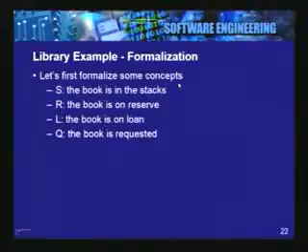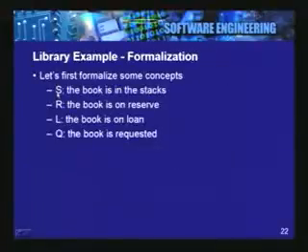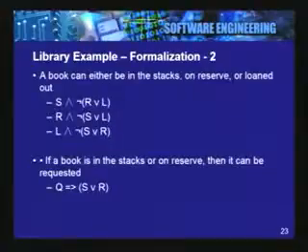For conciseness of notation, instead of having to say the book is in the stacks each time around, using a single letter, namely S, is going to help us. R stands for the fact that the book is on reserve. Similarly, L stands for the book is on loan, which means the book has already been given out, and Q is the book has been requested.